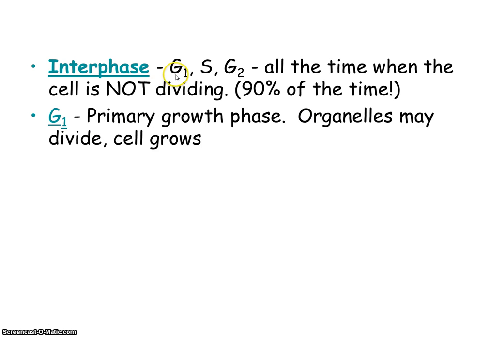Originally, when they first discovered the cell cycle, it looked like there was this big portion of time where nothing was happening, and then there was some stuff happening, and then a big portion again. So originally, the G1 and G2 stood for gap phase 1 and gap phase 2, this big gap of time where nothing seemed to be happening.